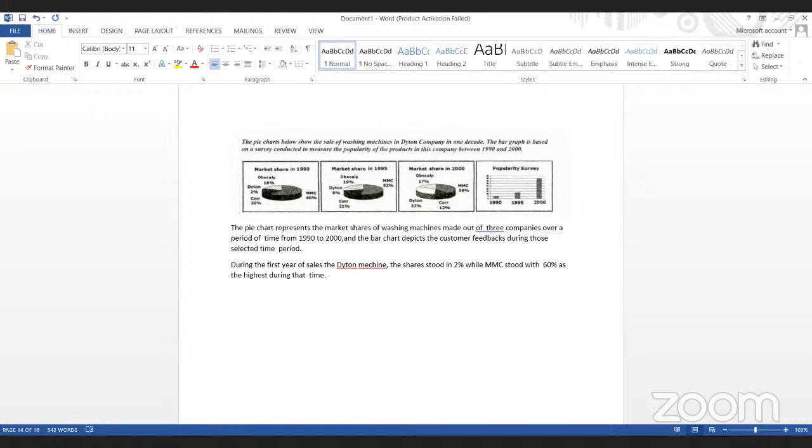We are not going to talk about the rest because we are talking about the highs and lows. High and low, right? MCC is high at 60 and Dayton is at 2%, right?